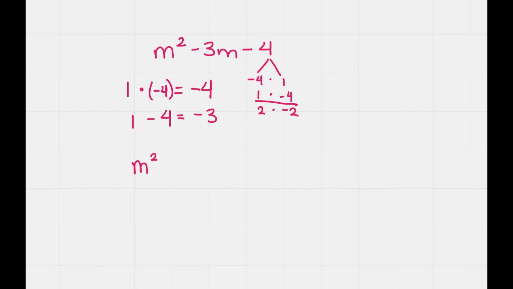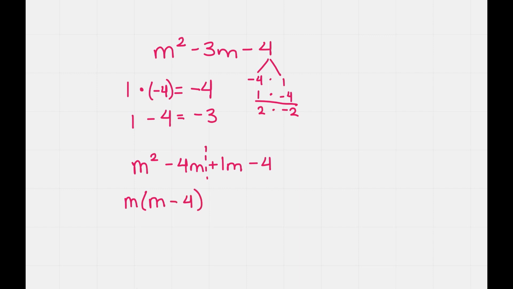Let's rewrite our expression. So m squared minus 4m plus 1m minus 4. Now split the expression into two parts again and find the GCF of each part. So factor out an m in the first part and we have m minus 4 inside our first bracket.